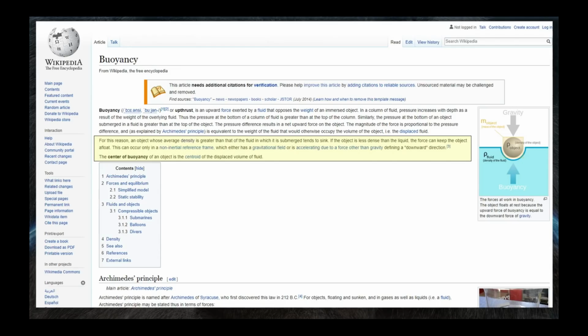This can occur only in a non-inertial reference frame. In other words, something's moving, which either has a gravitational field or is accelerating due to a force other than gravity, defining a downward direction. The center of buoyancy of an object is the centroid of the displaced volume of the fluid.